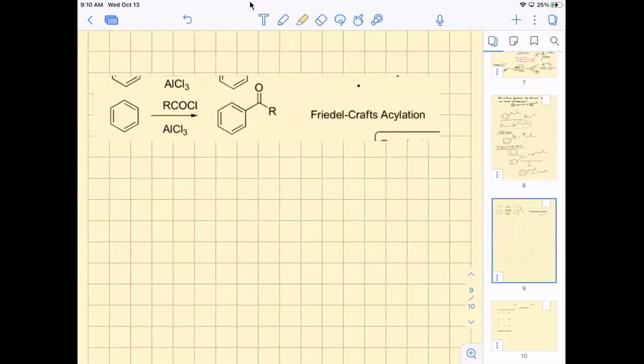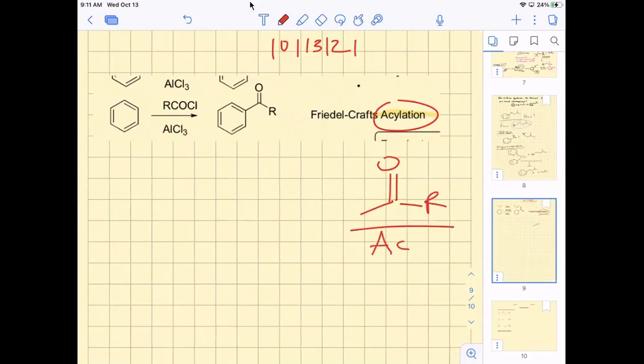All right, so acylation is exactly what it says, what an acyl group is. So an acyl group is here, right?